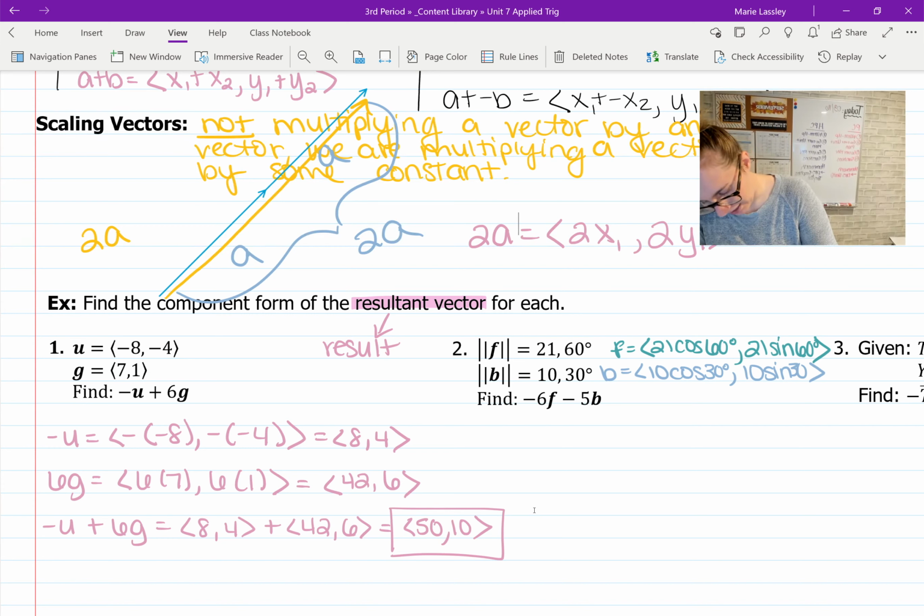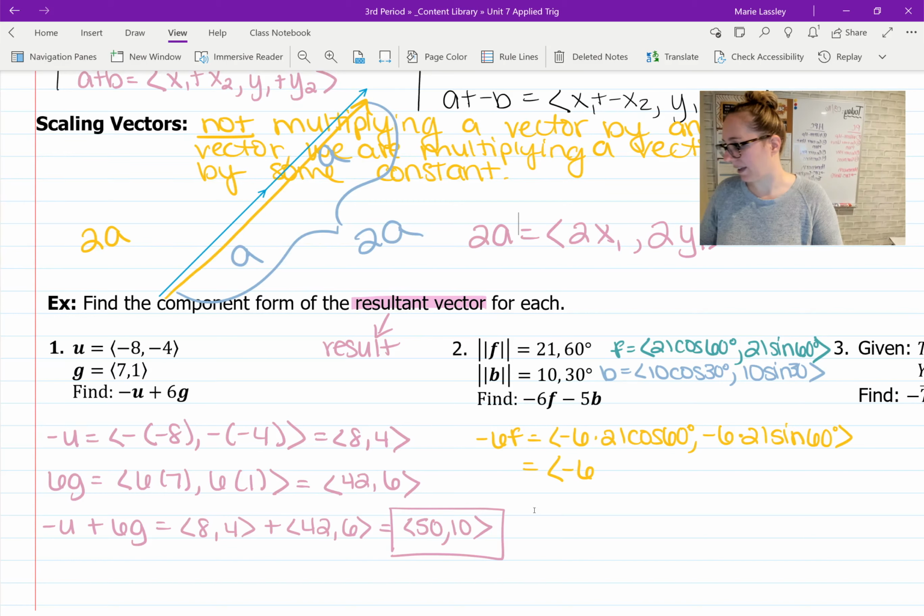So we want to find negative 6f. This is going to be negative 6 times 21 cosine 60, negative 6 times 21 sine of 60. Now I'm going to go ahead and simplify. Negative 6 times 21, and you could do that in a calculator too, is negative 126.